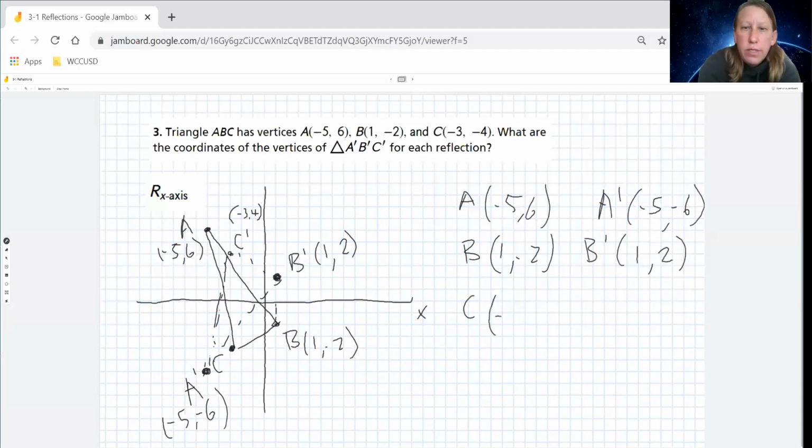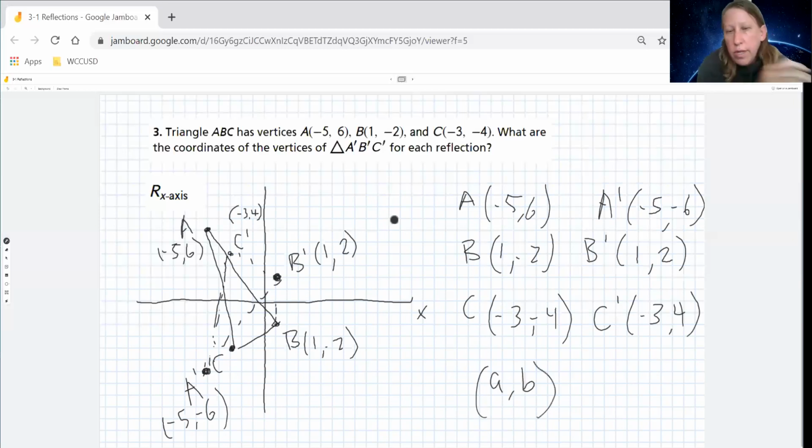And C was negative 3, negative 4. And C prime is negative 3, 4. You see the pattern? If I'm thinking of a point that has an A and a B, any point, what's the image gonna land at? Think about that. What's staying the same and what's changing?